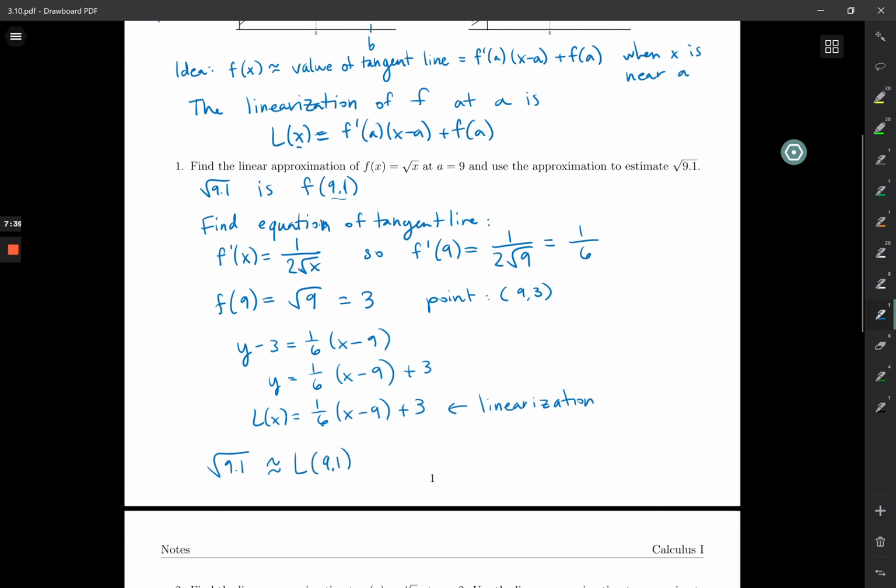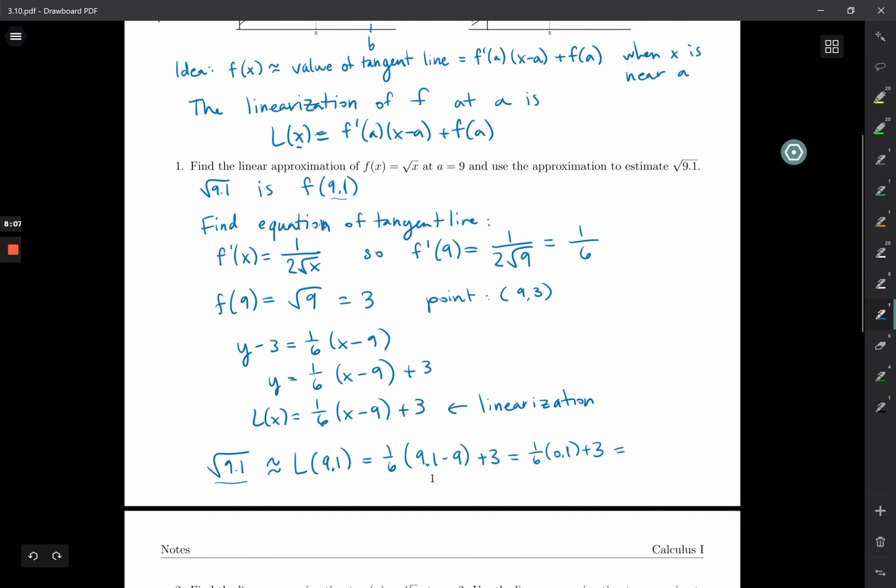Right? And so this is going to give us an approximation of the actual value of the square root of 9.1. And when we do this, we get 9.1 minus 9 plus 3. And then we can simplify. That is just times 0.1 plus 3.